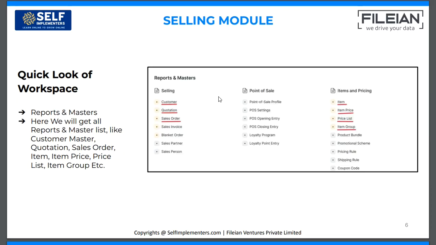Then in reports and master, we will see the selling master. Under this, we will see the details of customer master, sale order, and item and pricing. We will see the item price, how we can add the item price, how we can add, edit or modify the price list, and how we can add and modify the item group as well.